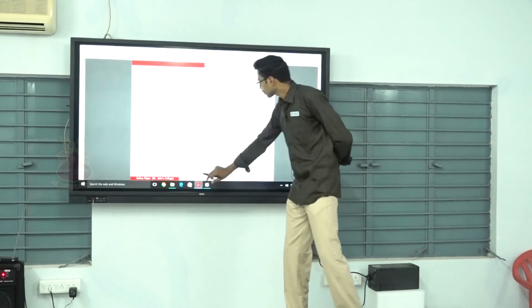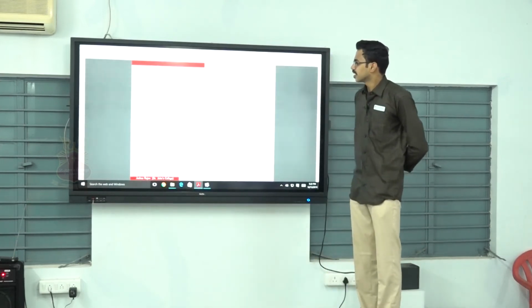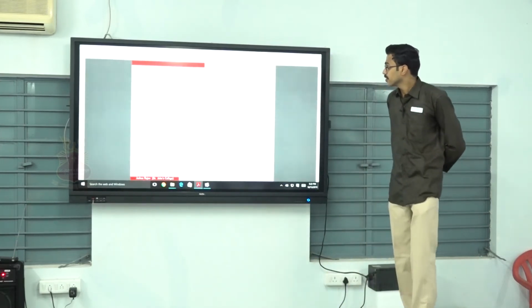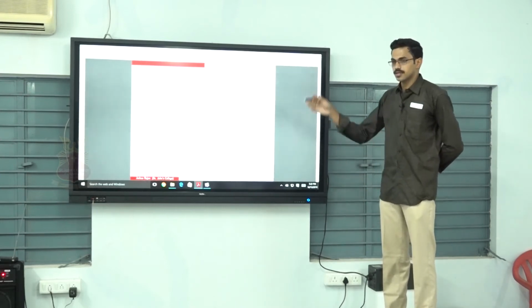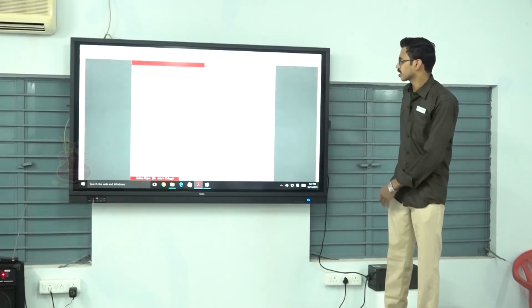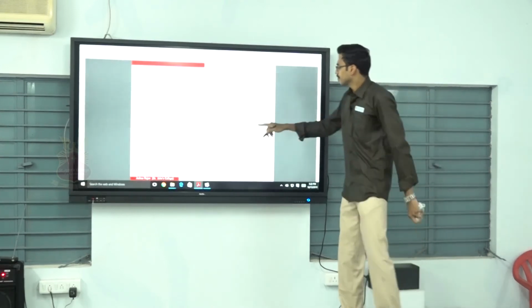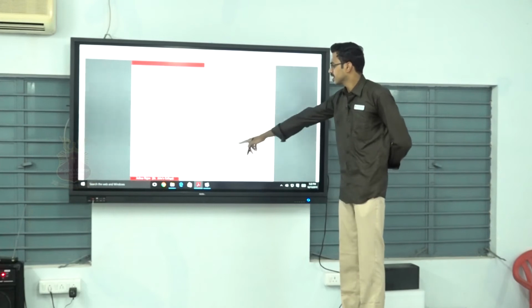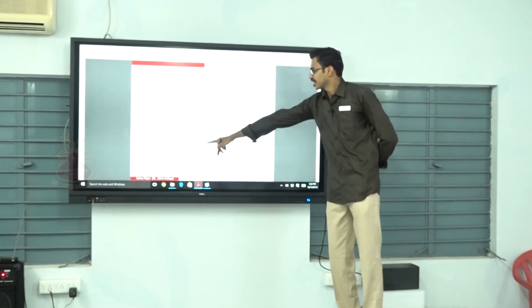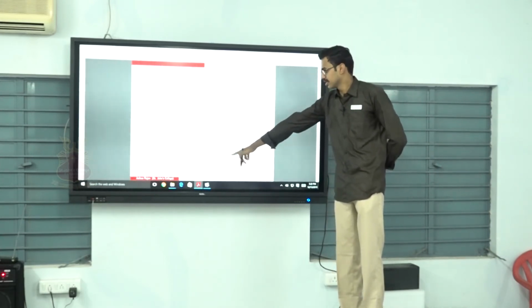Okay, so let us consider only the perpendicular motion. Only we concentrate on the perpendicular motion. Okay, initially we want to derive the initial velocity.